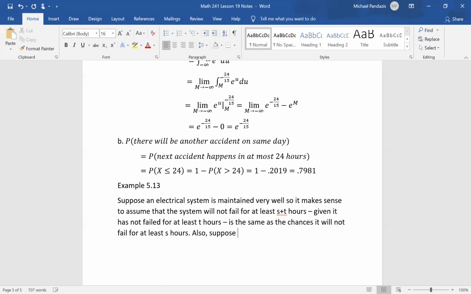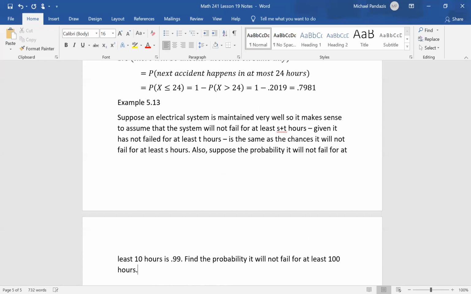Also, suppose the probability it will not fail for at least ten hours is 0.99, 99%. Find the probability it will not fail for at least 100 hours.